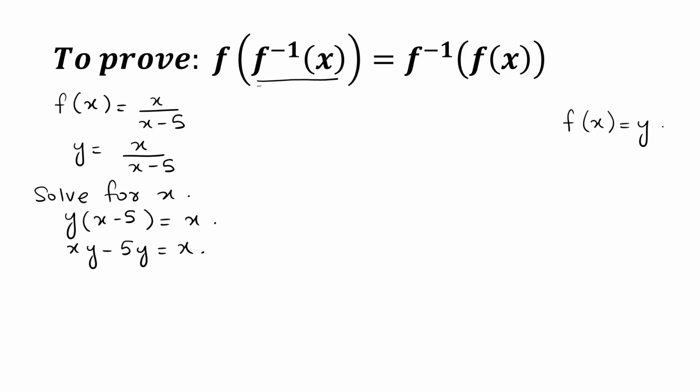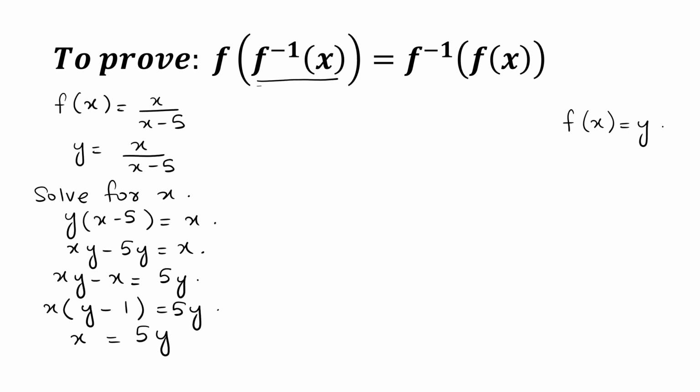By rearranging terms, we have xy minus x equals 5y. After taking x as common, from here the value of x is 5y over y minus 1.